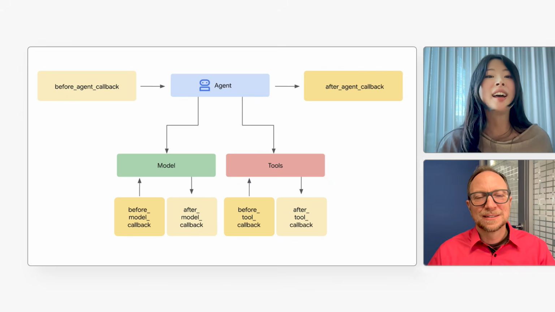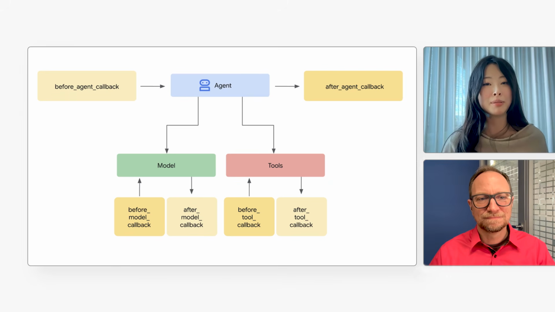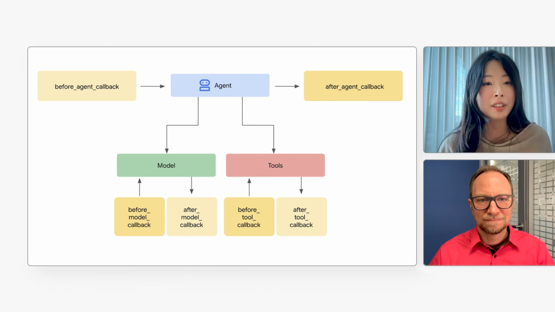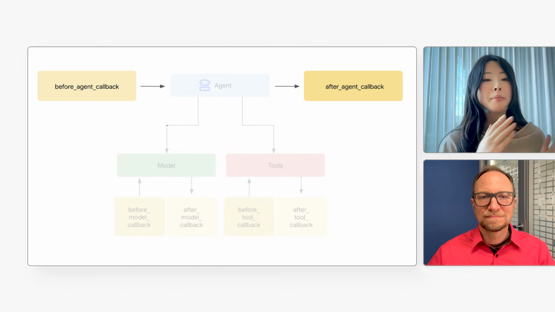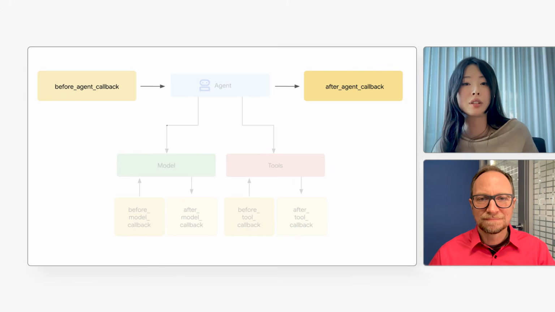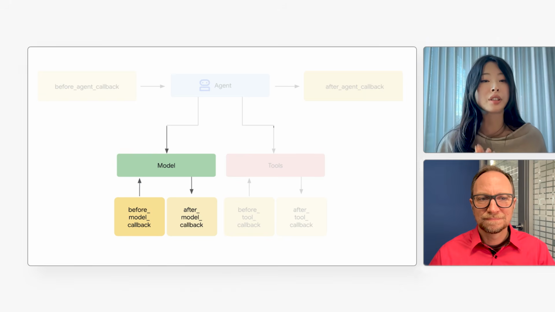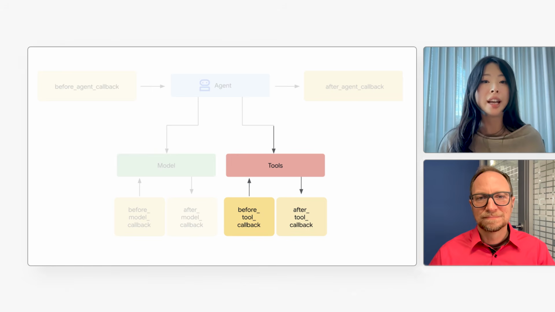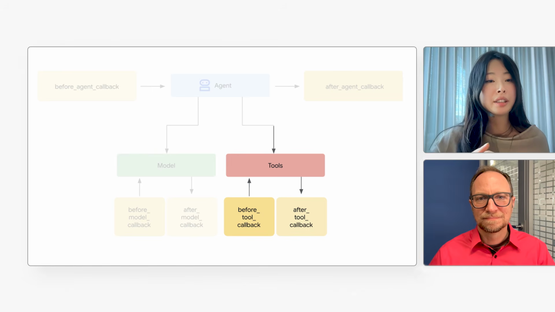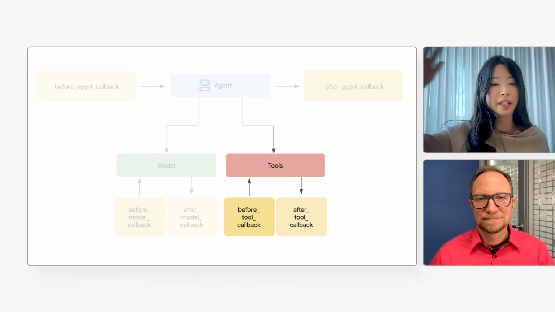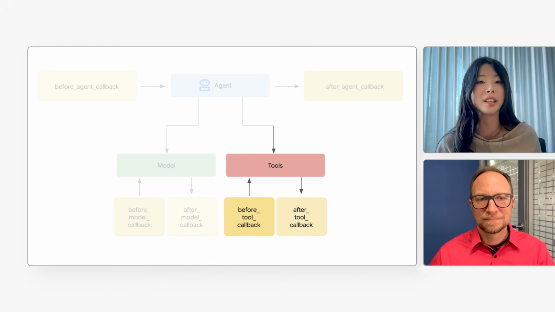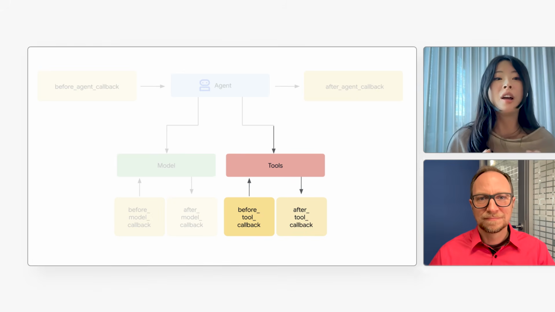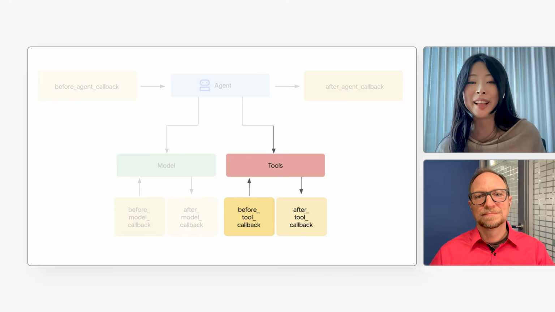Yeah, that's right. And here is how to implement it. So whenever an agent runs, you can add your own custom logic before or after the agent runs, before or after the model is called, and before or after any tools are called. And this callback intercepts the life cycle of the agent. And this is great for saving context about the conversation without making the agent itself more complex. Got it. And what does the code look like?